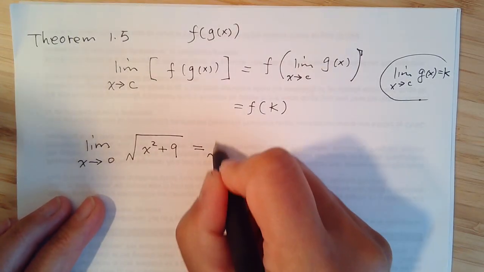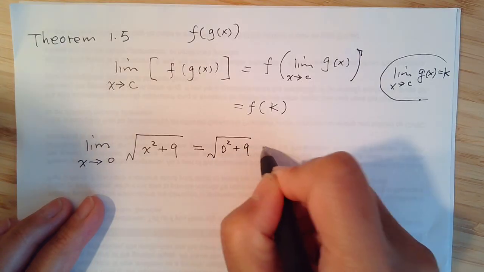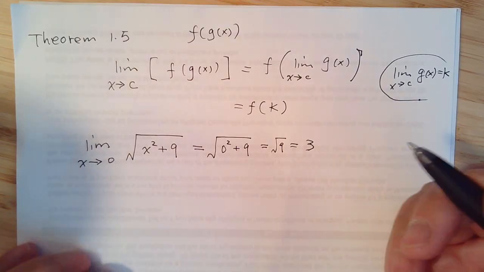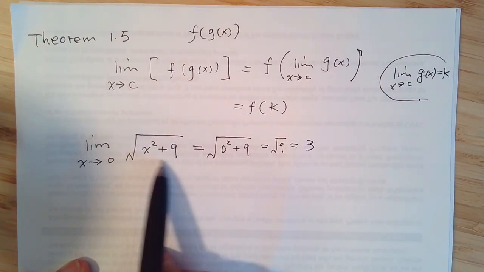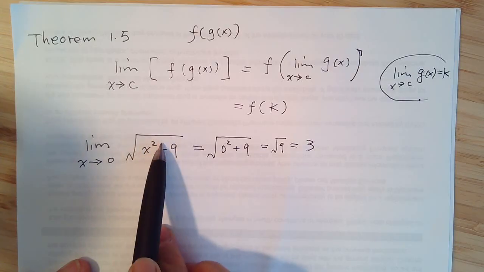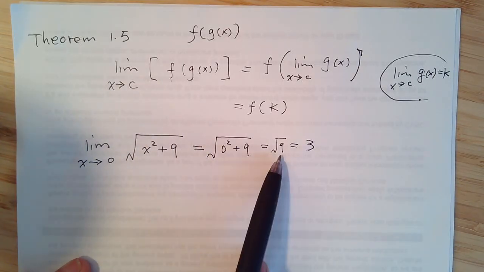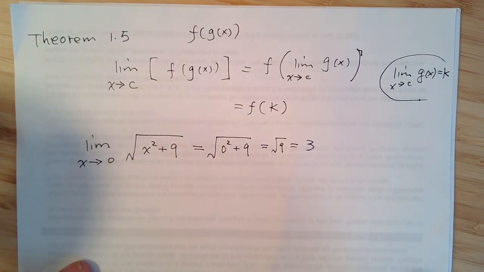So it's going to be 0 squared plus 9, and that would be the root of 9. So the answer is 3. It's very easy, right? But you have to make sure that x squared plus 9 is in the domain of the function f, which is a square root. So yes, x squared plus 9 is positive, so that is valid.